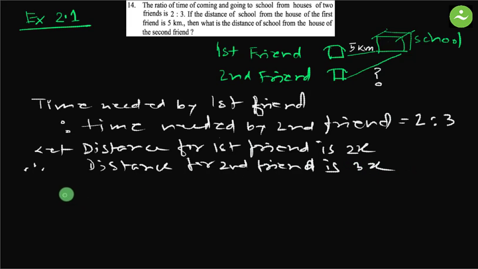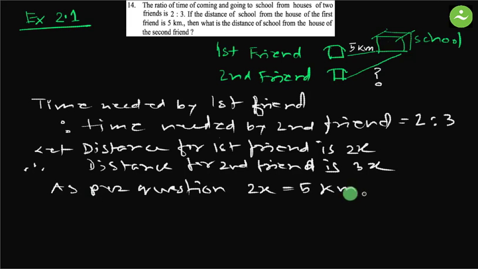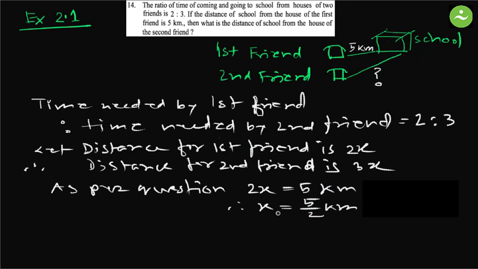Therefore, as per the question, we can say 2x equals 5 kilometers. Therefore, x equals 5/2 kilometer. Now we know the value of x.